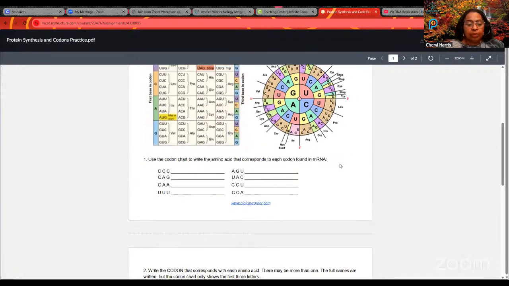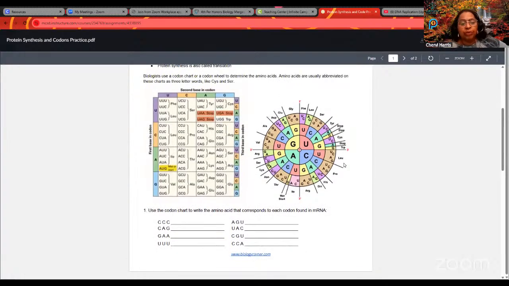Okay, so I'm going to do the first one with you. And again, the way you use the chart, see where it says first base, second base, third base. You have 3 letters, so that's how you want to read it. The first one, just like our example I gave earlier, is C. So you want to find C on the side that says first base.